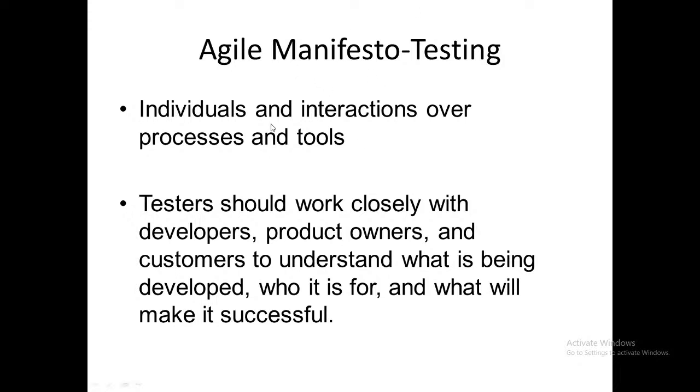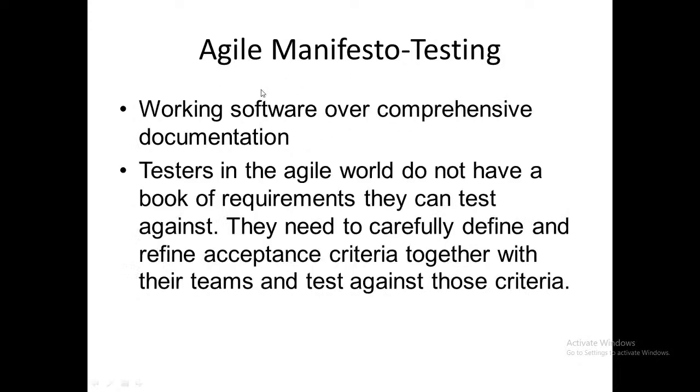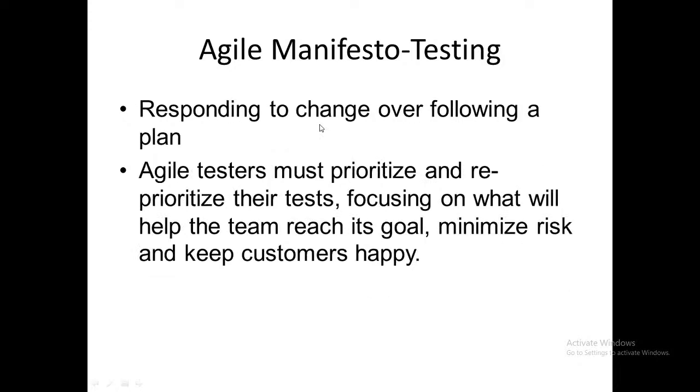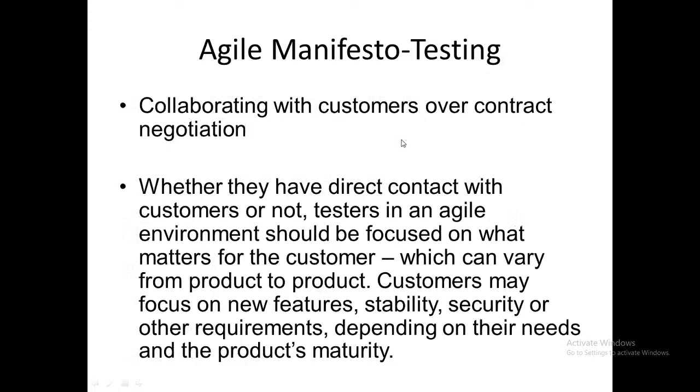Agile manifesto principle 1, individuals and interactions over process and tools. Principle 2, working software over comprehensive documentation. Principle 3, responding to change over following a plan. Principle 4, collaborating with customer over contract negotiation.